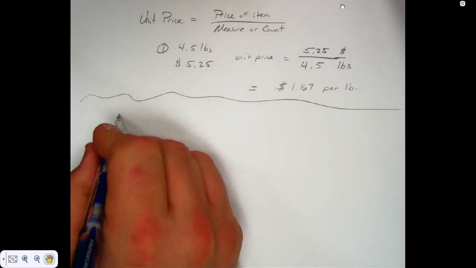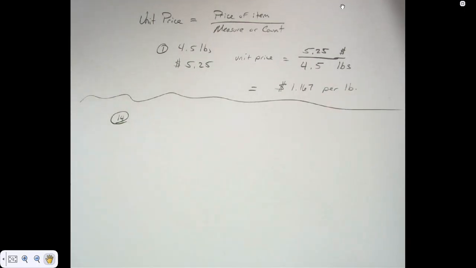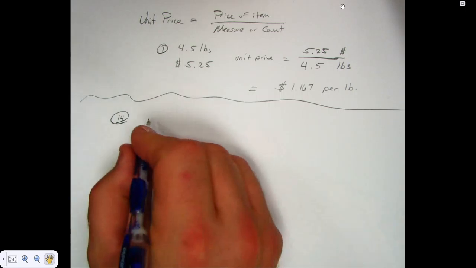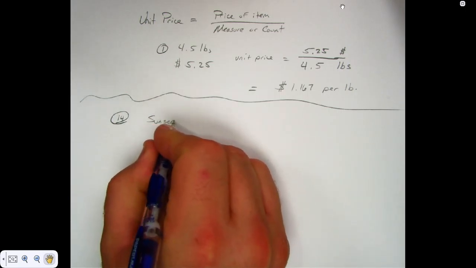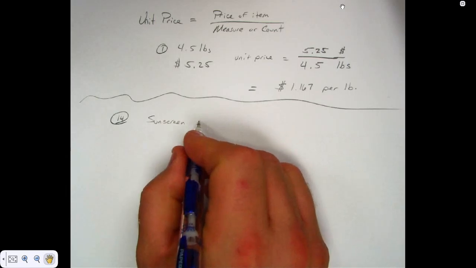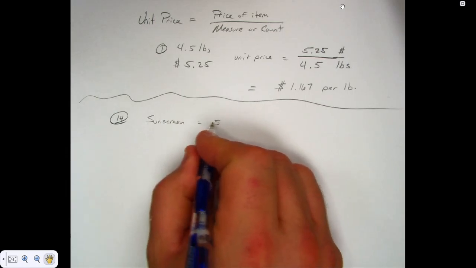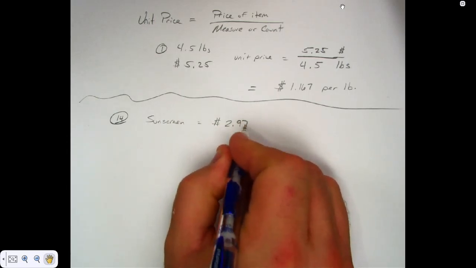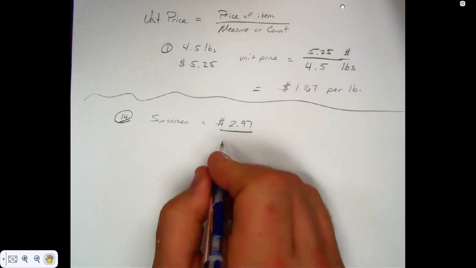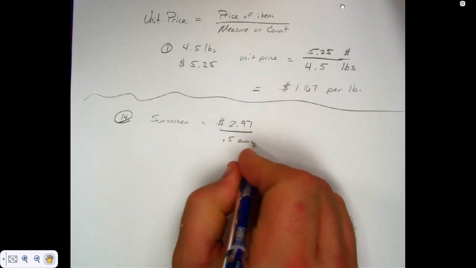Now, number 14. Number 14 says, Henry Levin is buying first aid supplies for a midsummer camping trip. He purchased a sunscreen at $2.97, and I'm going to put it over 0.5 ounce.